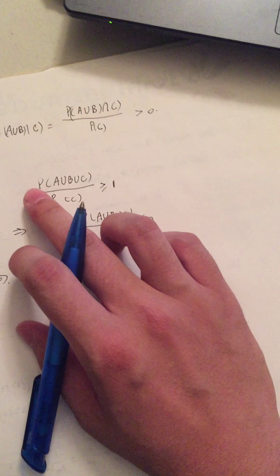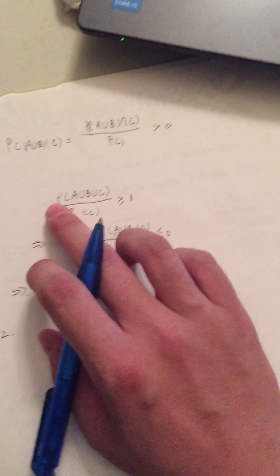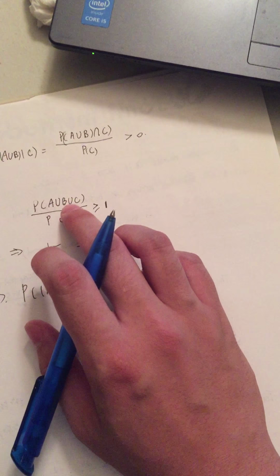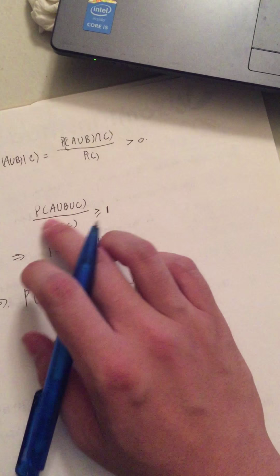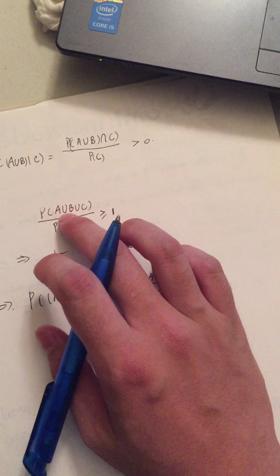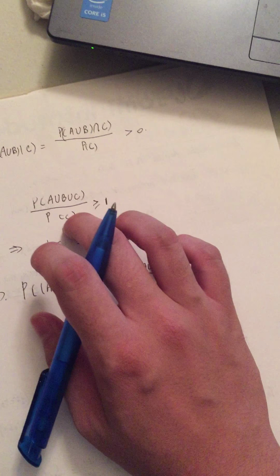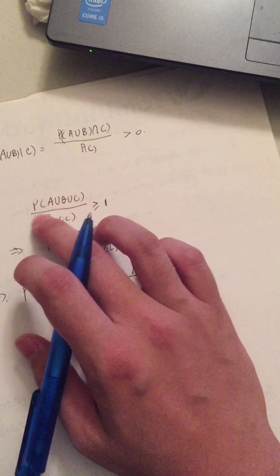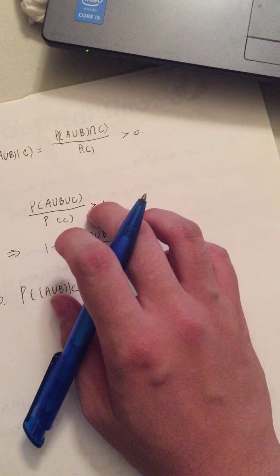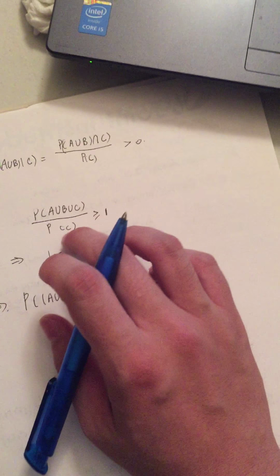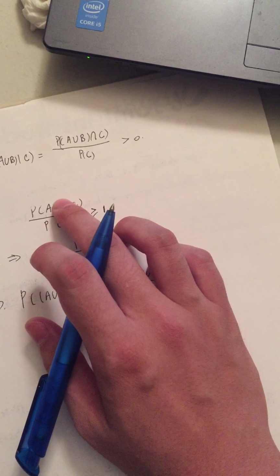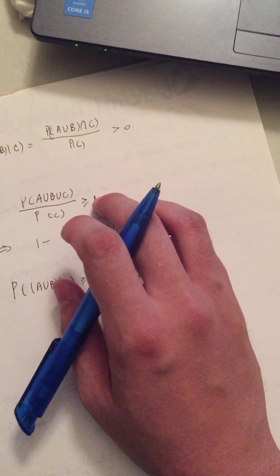The next thing is P(A union B union C) over P(C). Actually, this is a bigger event and this is a smaller event, so this ratio is bigger or equal to 1. So when A union B is empty, then this is 1.